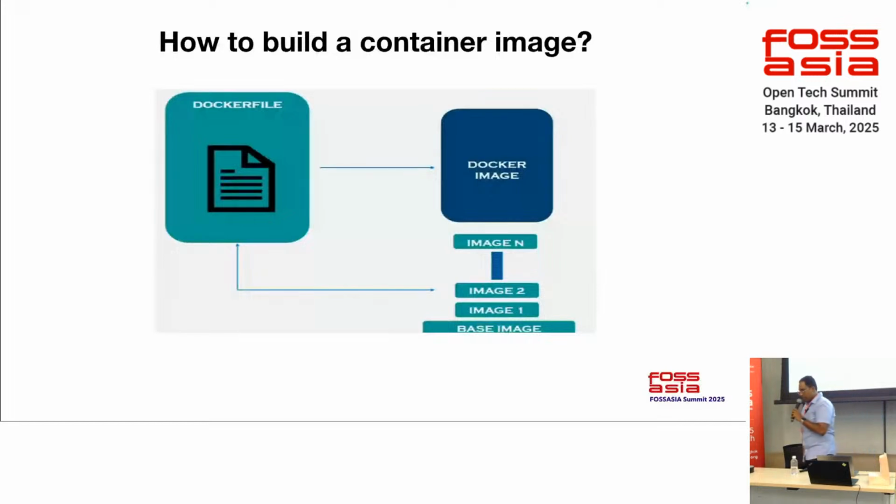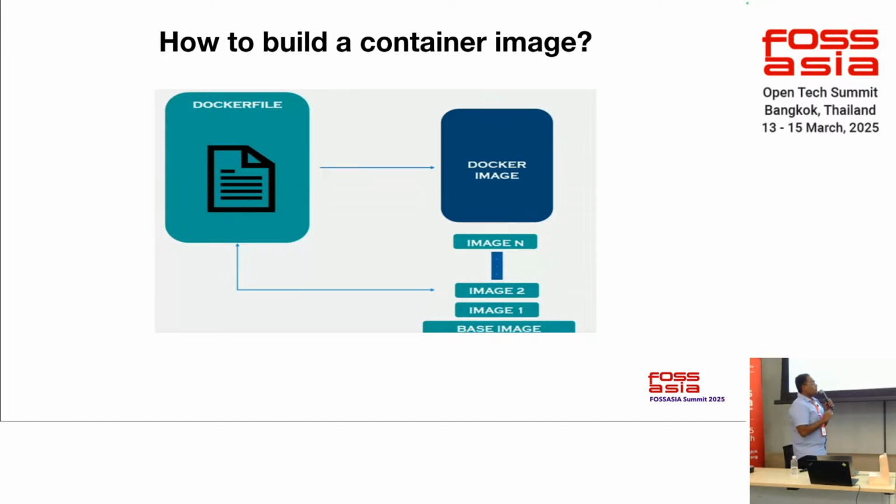How do we build a container image? So let's say that this is your Docker file. What is typically happening is every line in your Docker file is creating an intermediate Docker image, and then the final Docker image is basically a union of all the images that have happened till then.